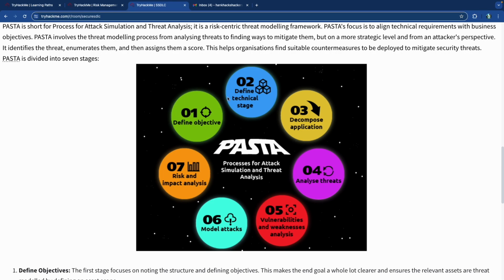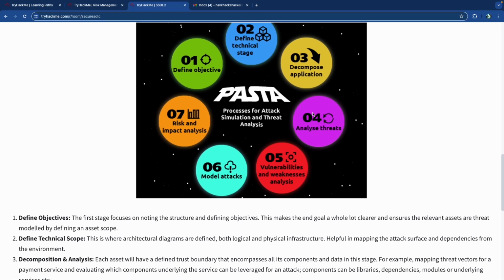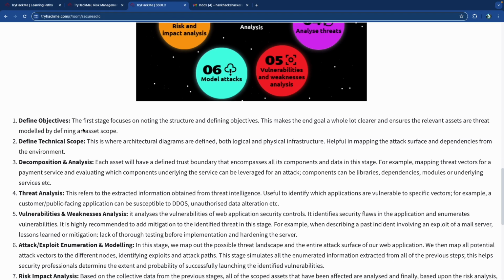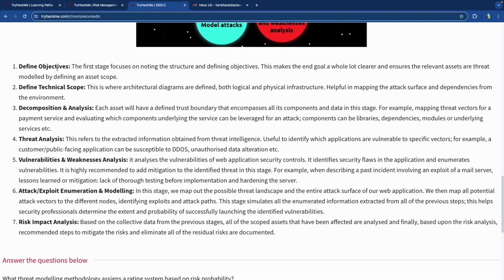So you define the objective, define the technical stage, decompose the application, analyze the threat, find the vulnerabilities and weaknesses, model the attacks, and then risk and impact analysis. So during define objectives, the first stage, you just look at the structure and defining the objectives of the attack. And it makes the end goal a whole lot easier to understand and ensures that the relevant assets are threat modeled.